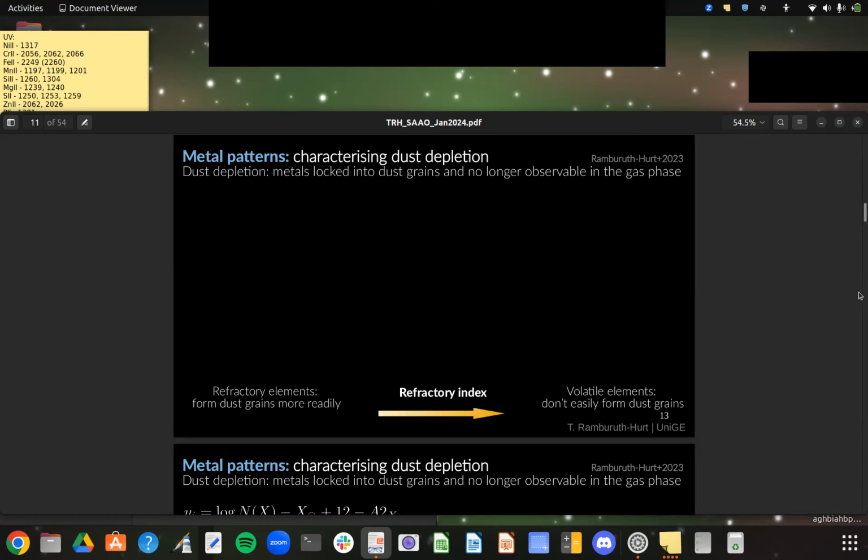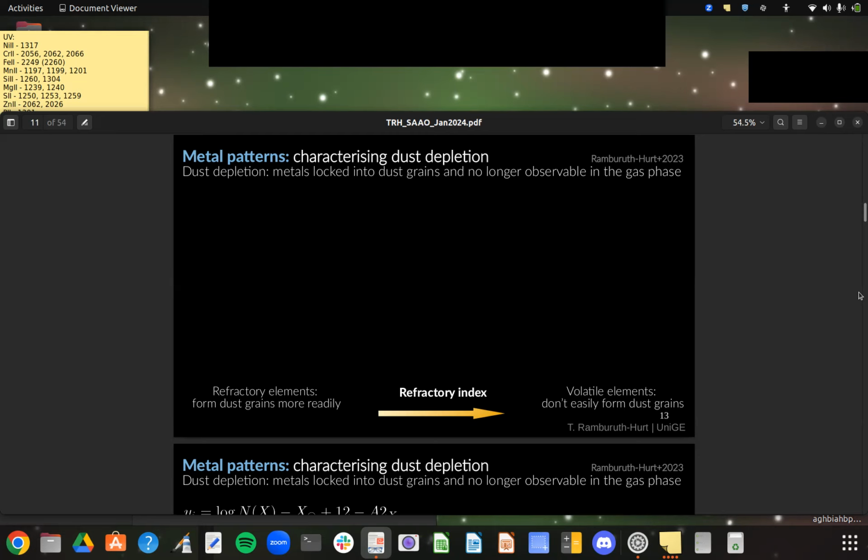Okay, so now the way that we characterize dust depletion is using this method where we apply metal patterns. On the x-axis is the refractory index, which is an indication of how easily a metal forms dust.